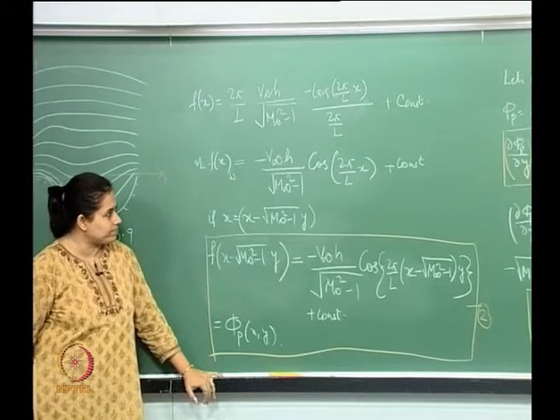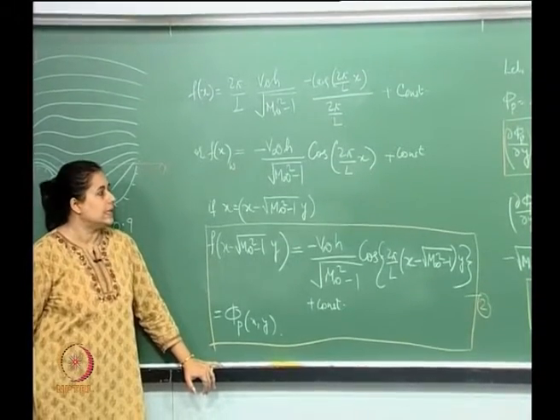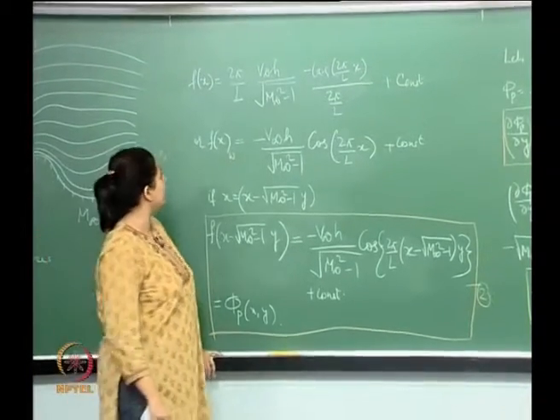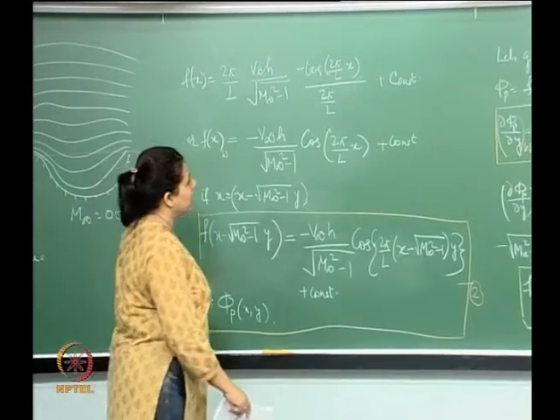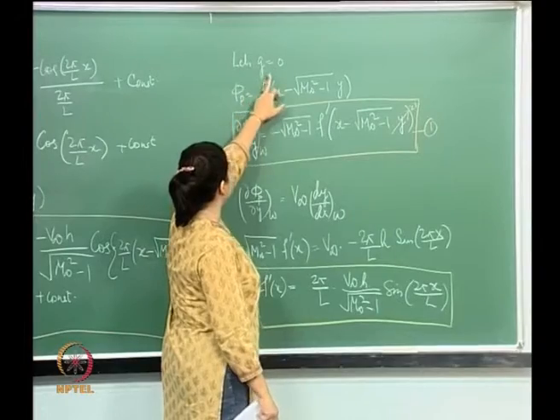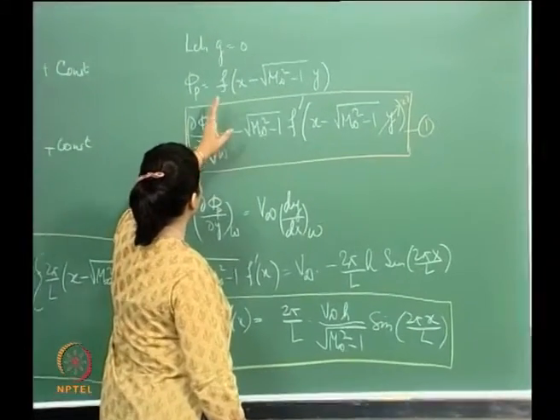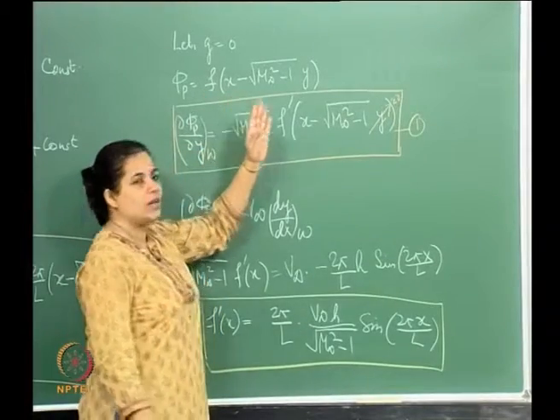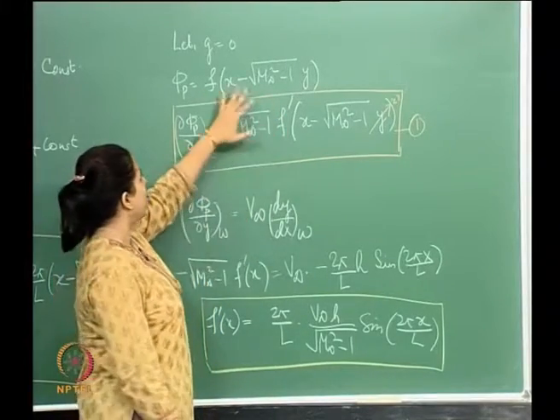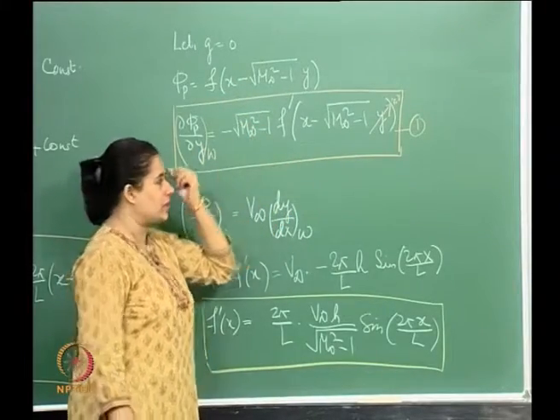And of course, if you will remember, if you take g to be equal to 0, then what this results in is essentially right running characteristics. And if we take f to be 0, then what we get is left running characteristics.